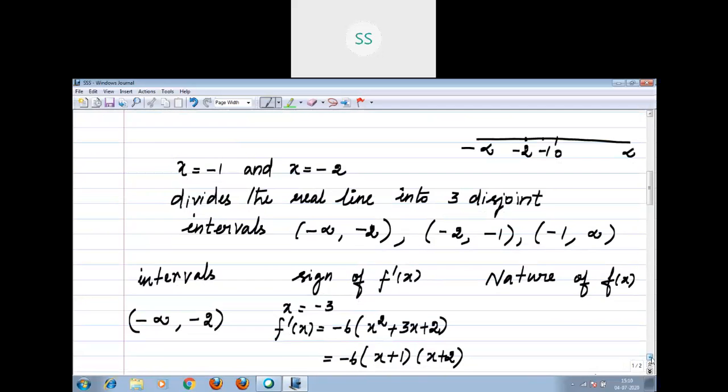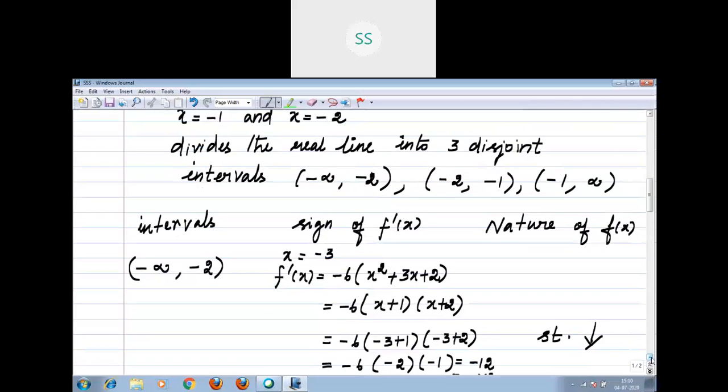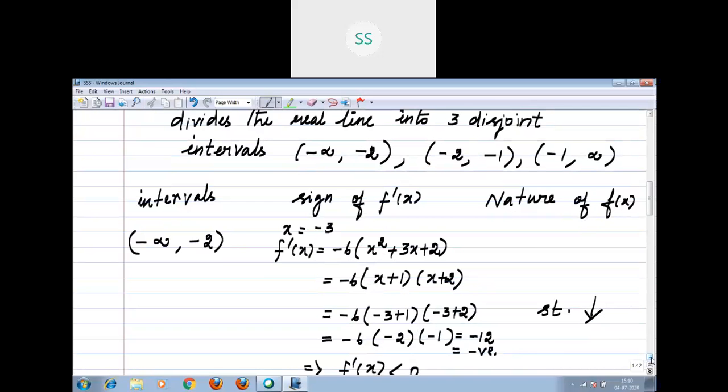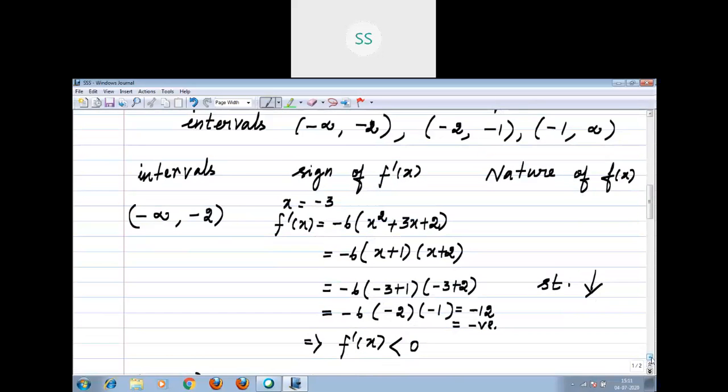The derivative, I wrote in the simplest format as minus 6 into x plus 1, x plus 2. Then you are substituting x is equal to minus 3. Any value you can assign between minus infinity and minus 2. Here I arrive at the result as negative. Negative means derivative less than 0. That you know very well. So your conclusion is strictly decreasing.